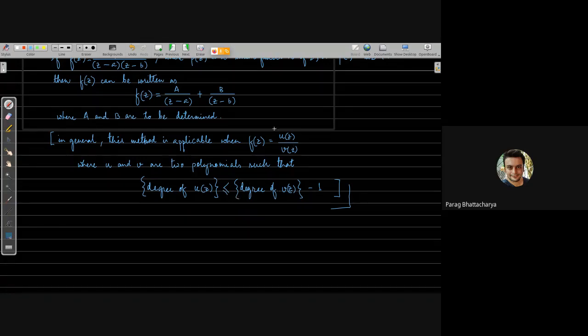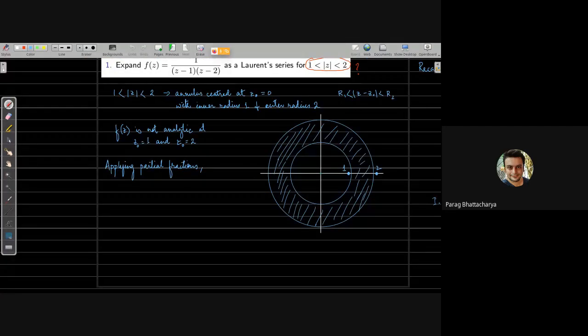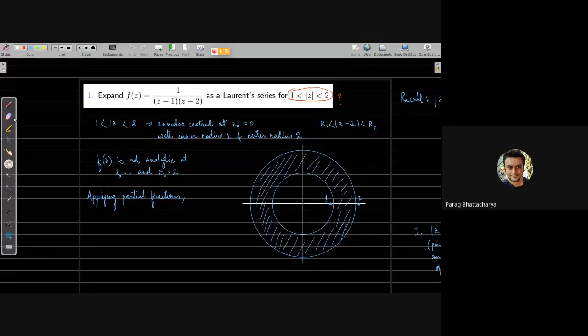Here f of z is equal to, in the numerator we have 1, and the denominator, open this up, we have z squared, then minus 2z minus z will give us minus 3z, plus 2. So this is what we have in the denominator.